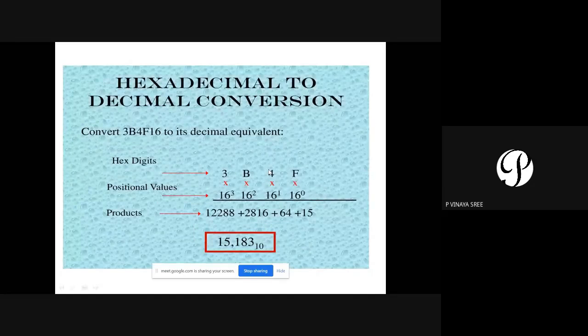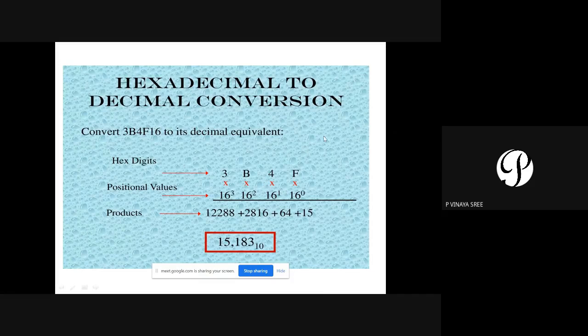Coming to hexadecimal representation, this is a number that you have given. Most students have a problem in this while assigning the B value. They mention some other digit and calculate, so don't do like that.